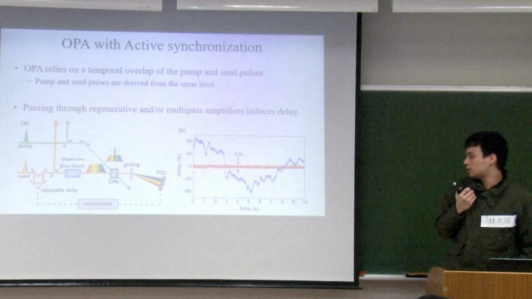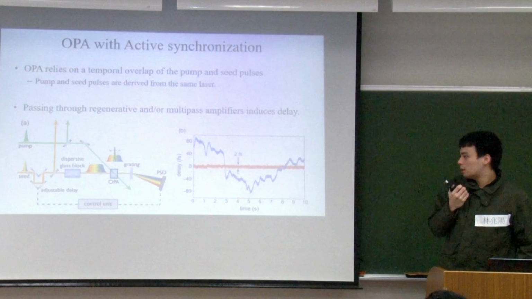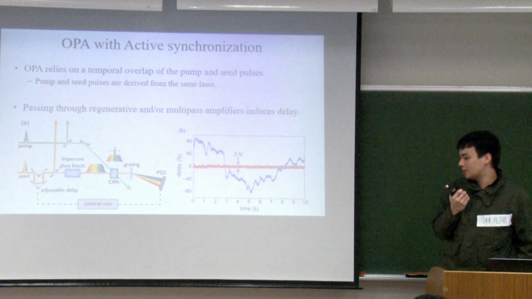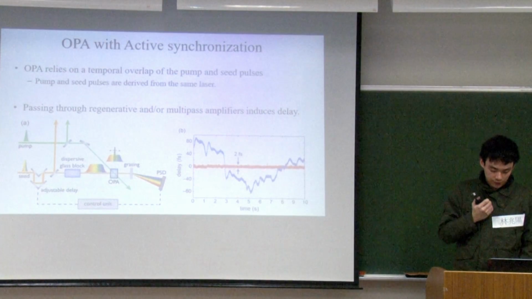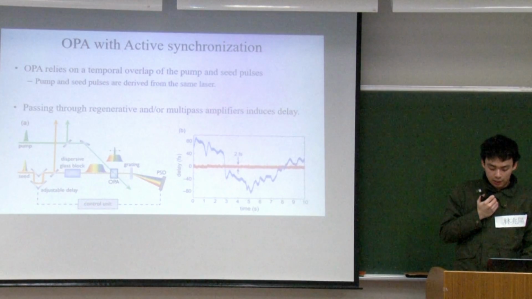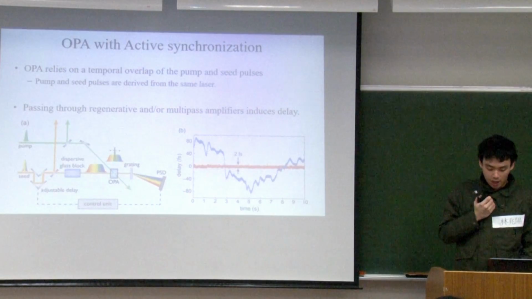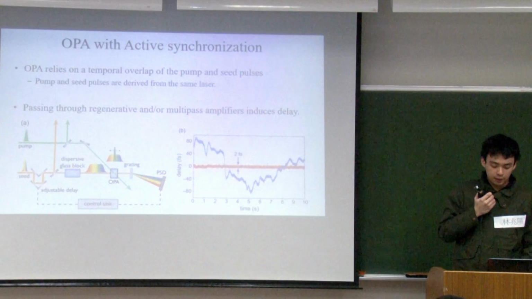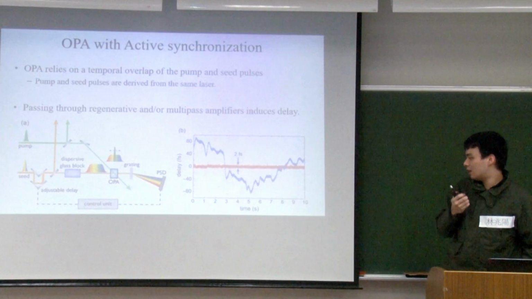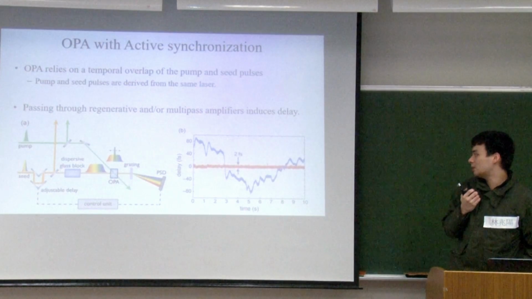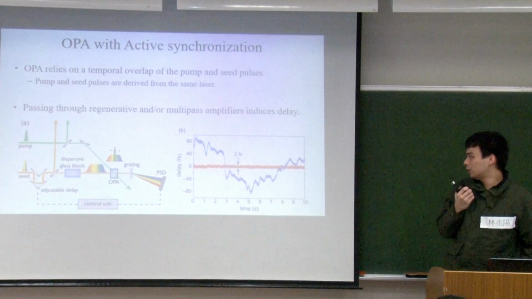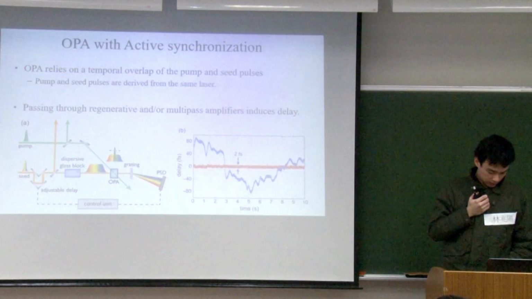Since the distribution is a function of the light frequency, and the light frequency is a function of the delay between pump and seed pulses, we can monitor the light pattern distribution and feedback control the delay between the pump and seed. And figure B shows the performance of this synchronization system. You can see the red line shows there is a constant delay between the pump and the seed.